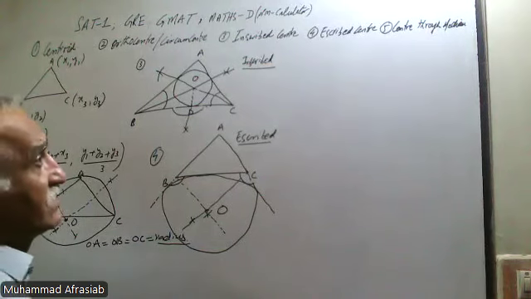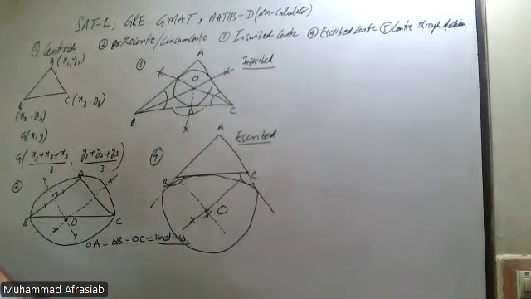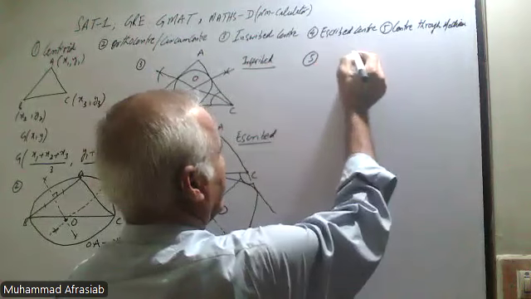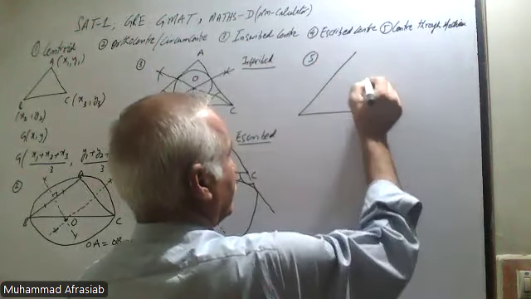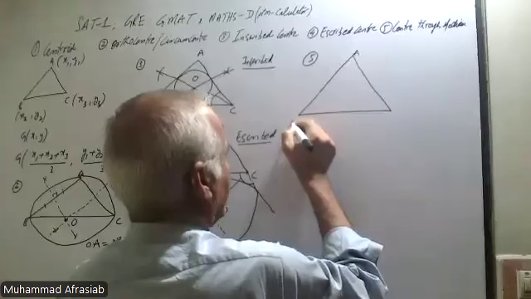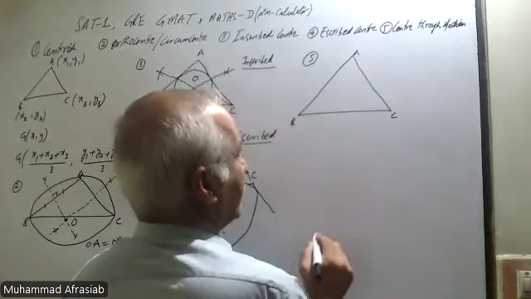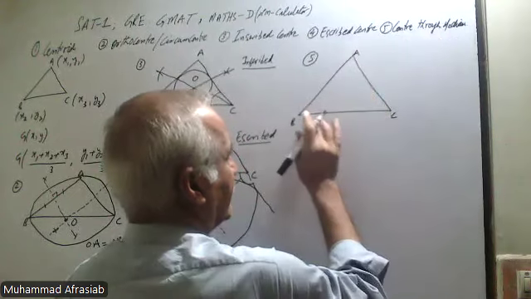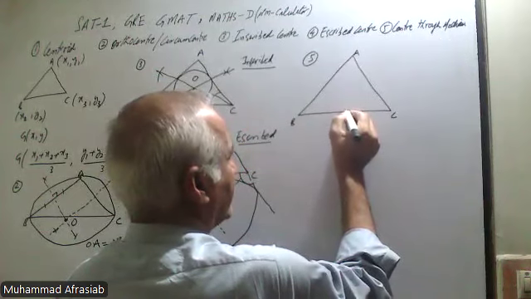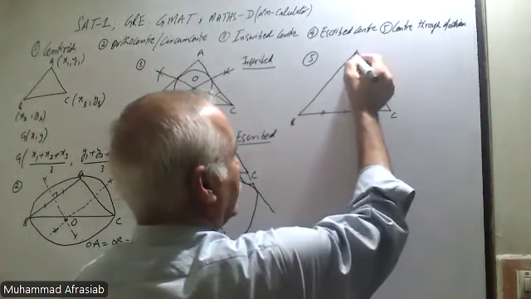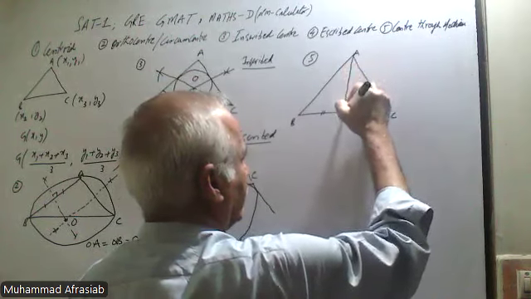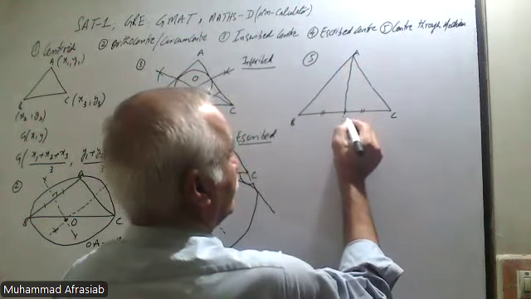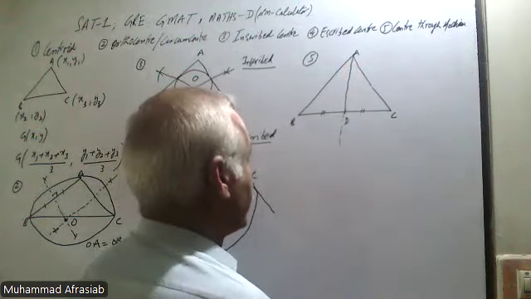Last, the fifth, the centroid of any triangle through medians. Let's say ABC is a triangle. Then median means the opposite side to this vertex A, let's say that is BC, is going to be bisected, and a line drawn through this point, let's say A to D, is the median of this portion.